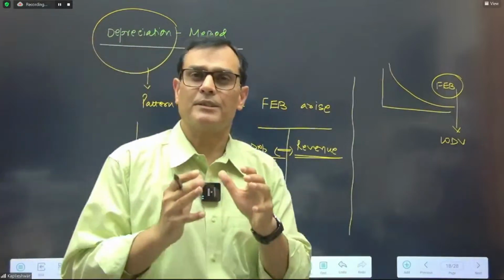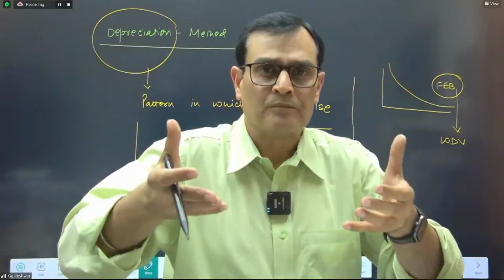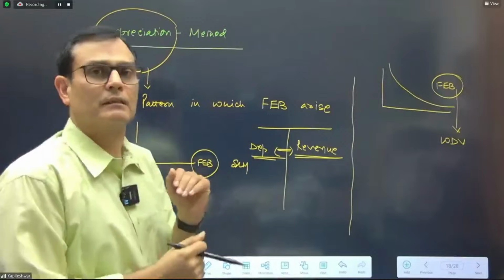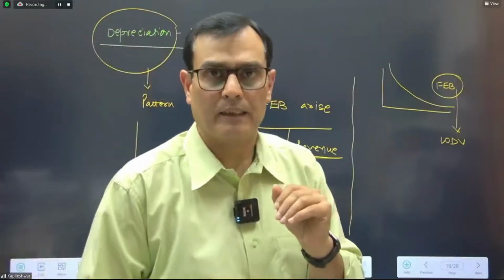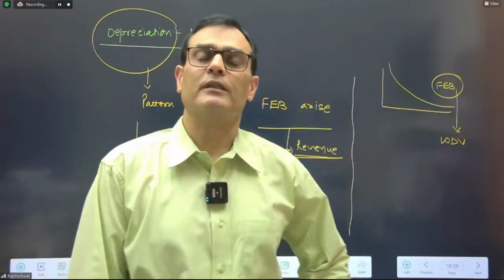So depreciation is a reflection of how the economic benefits will flow. If the economic benefits are expected to be constant, we take a straight line. If the economic benefits are going to diminish over a period of time, then it is WDV method.